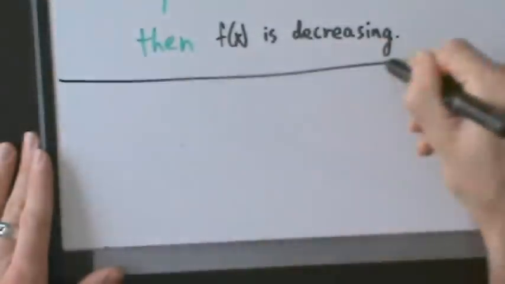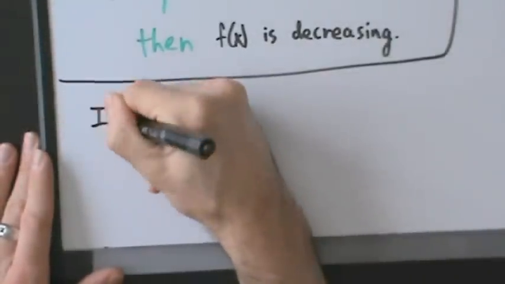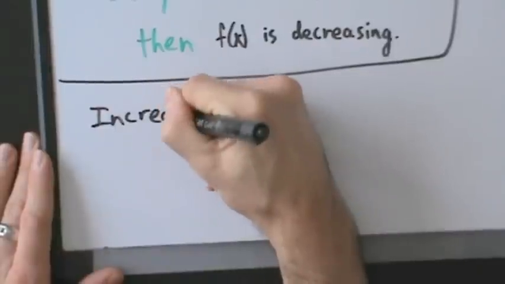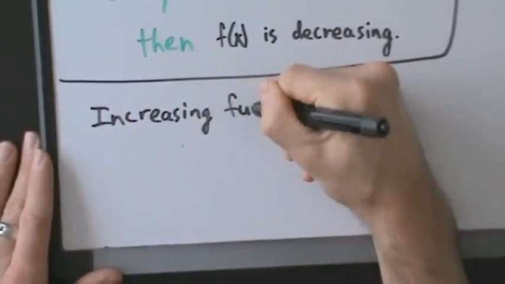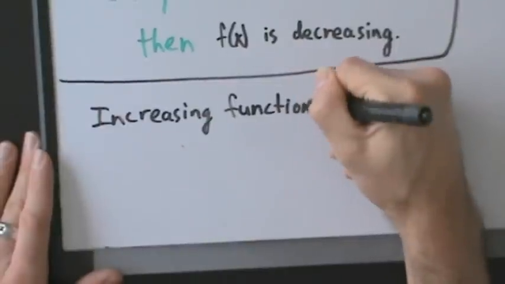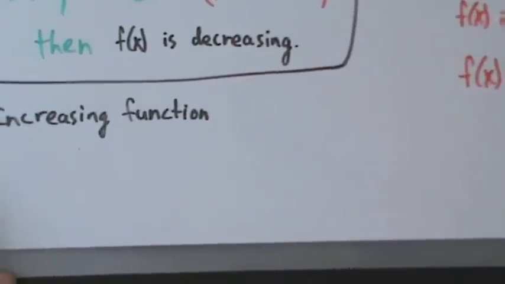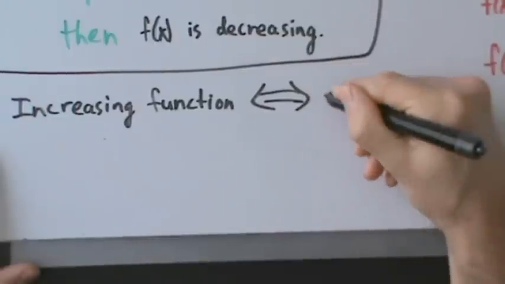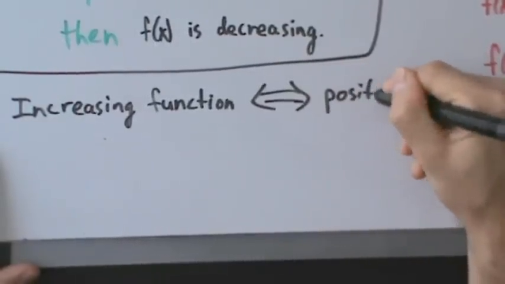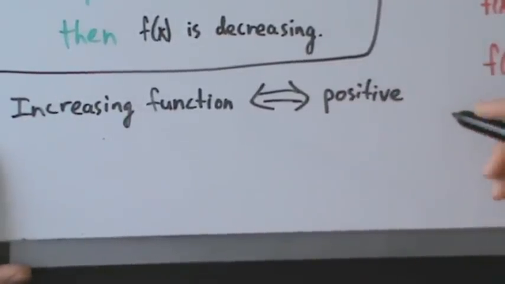Increasing function is the exact same thing as positive slope.